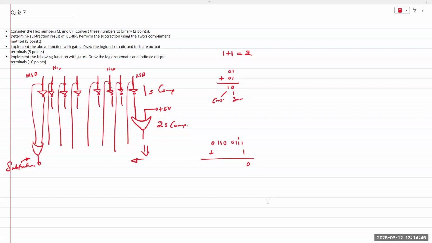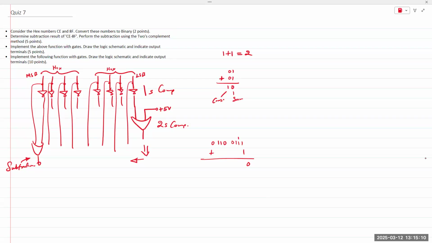So a hex digit requires 4 bits or 4 binary numbers to represent it, meaning 4 wires. So if it's a 2-digit hex, you require 4 bits or 4 wires, right?